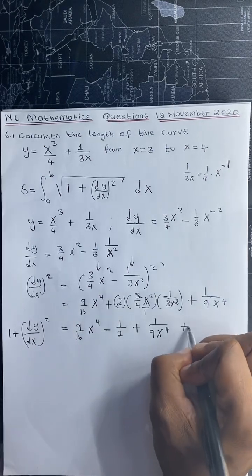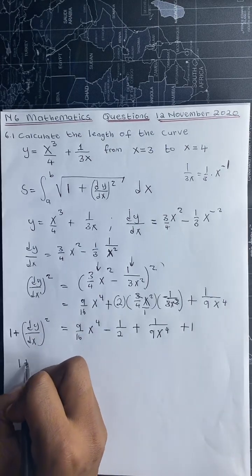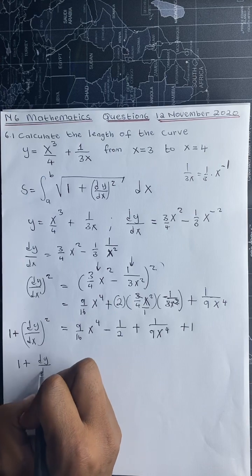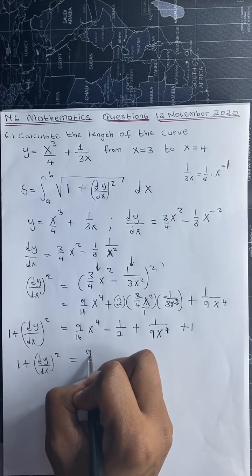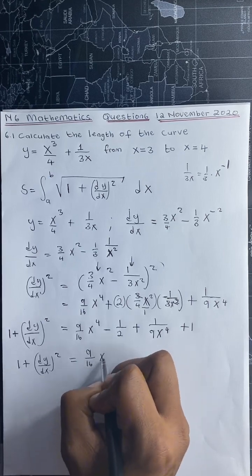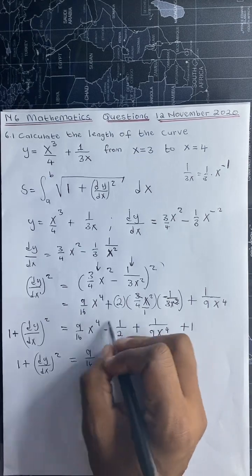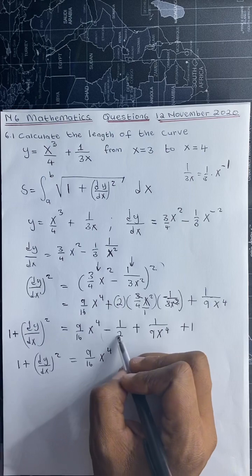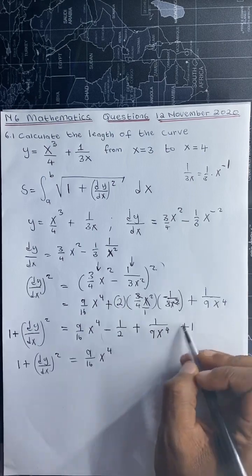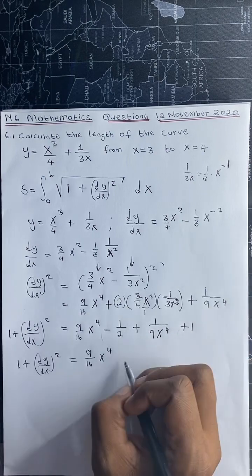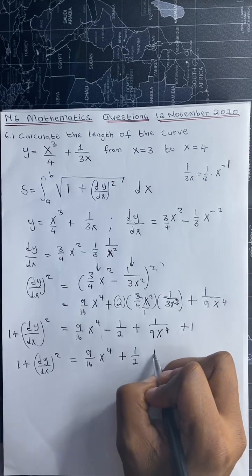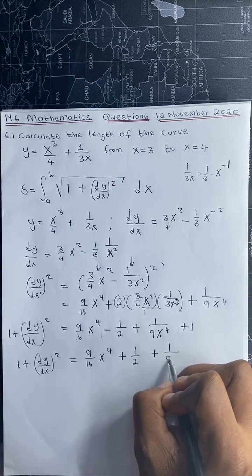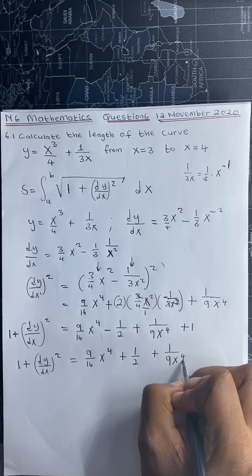Plus 1. So 1 plus dy over dx squared will be equal to 9 over 16 x to the power 4. So let's group the like terms. This negative half plus that 1 will be equal to positive 1 over 2, plus 1 over 9x to the power 4.